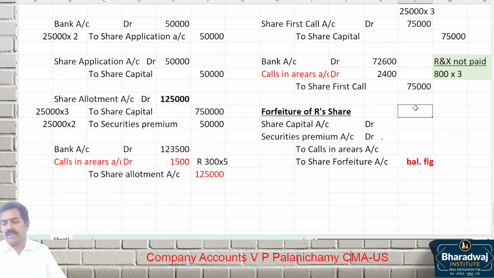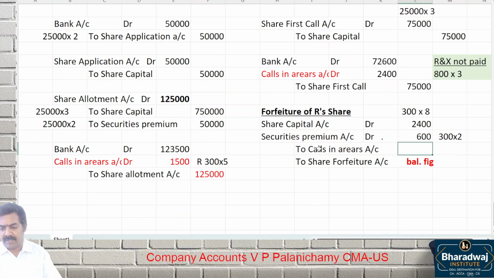Share capital account debit. How many shares do you have to cancel? R shares, 300 into what is the value? 8 rupees, and the final call was not made, so up to the first call only, 8 rupees. How much? 2,400. Premium is not paid. 300 into 2, how much? 600.